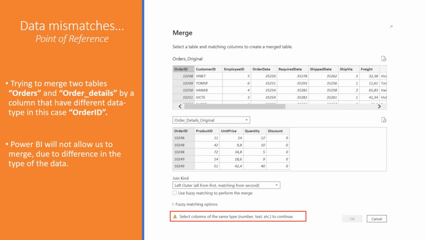So when we try to merge these two tables by the index column, in this case order ID, we cannot apply the merge, and we have a warning that the selected types cannot be matched.